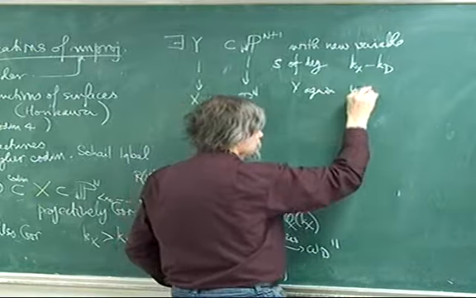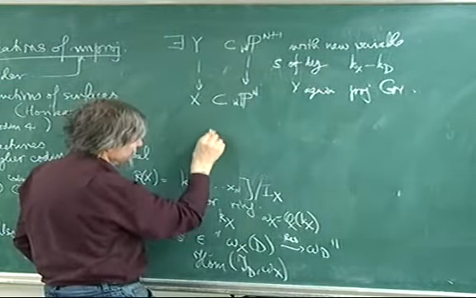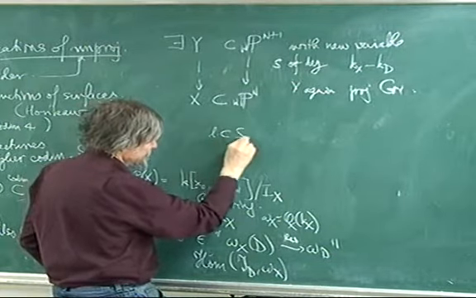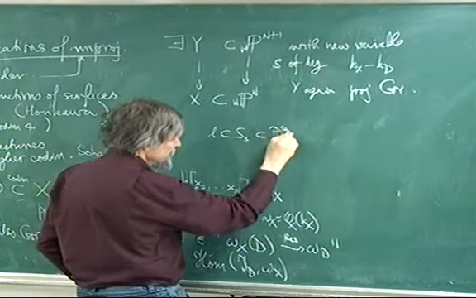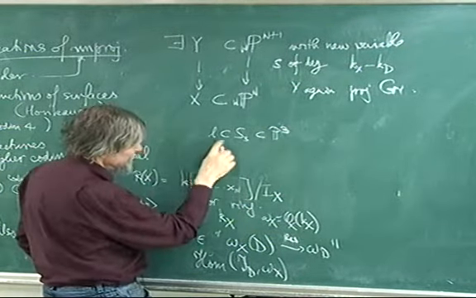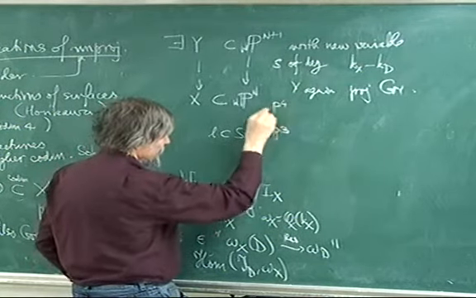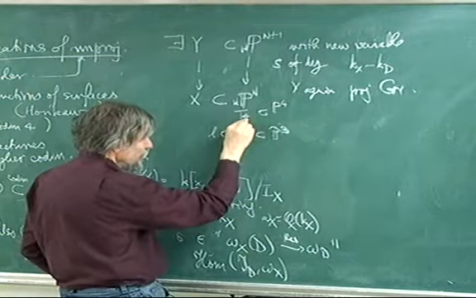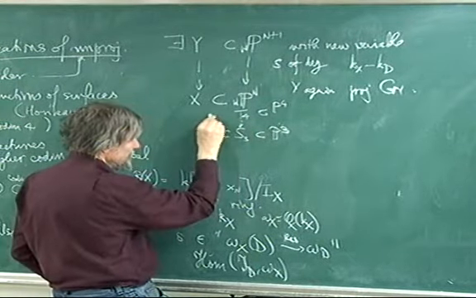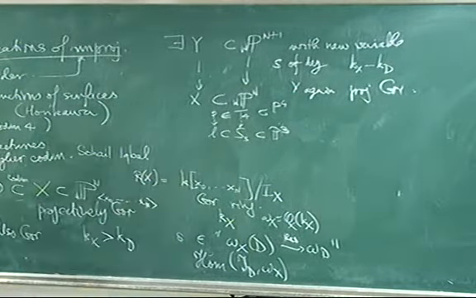projectively Gorenstein. The case to think about is L in S3 in P3. So this is a line in a cubic surface contained in P3. Then I can find another surface here, T4, which is mapping down to it, where this is now a point. So this is a line on a cubic surface.